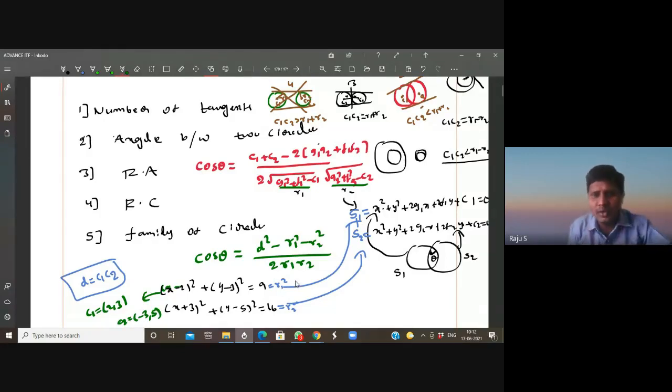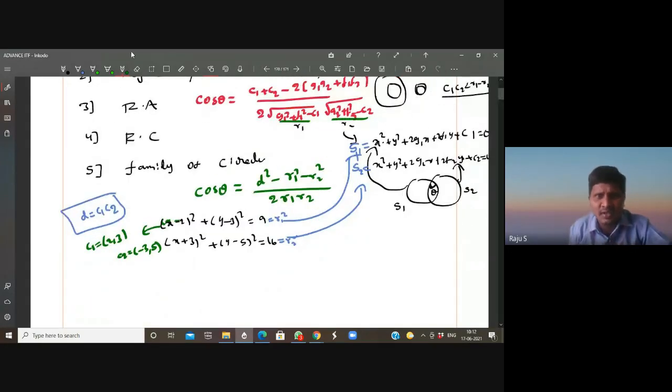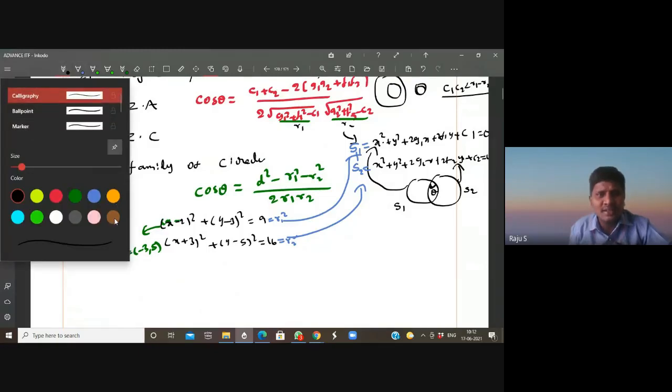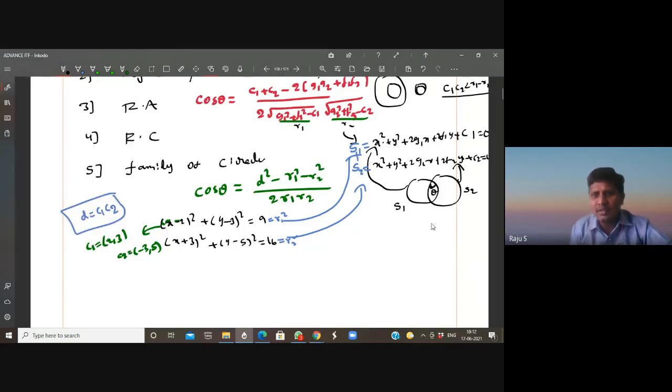Remember, students, most of the questions in system of circles are about two circles intersecting orthogonally. What is meant by orthogonally? Orthogonally means the angle between these two circles, theta, must be equal to 90.